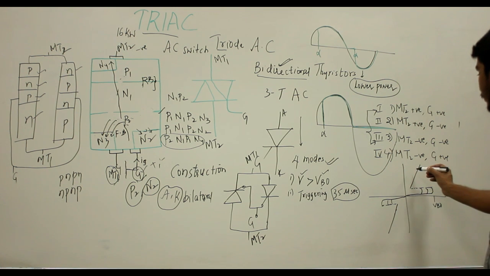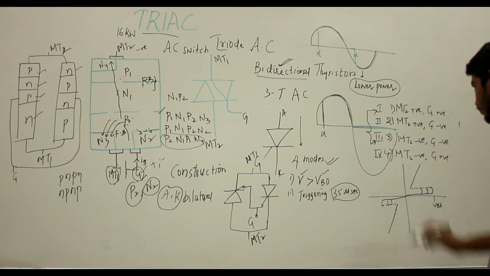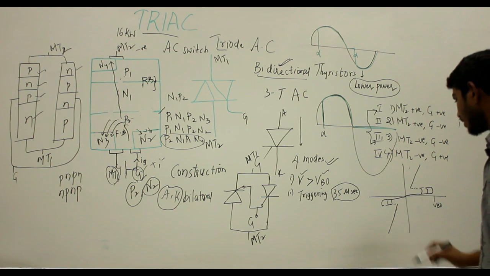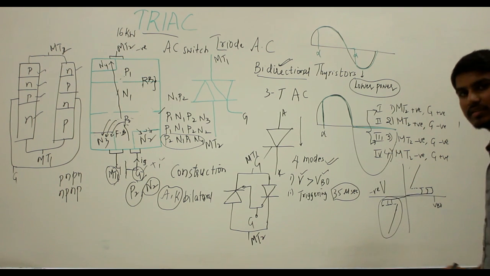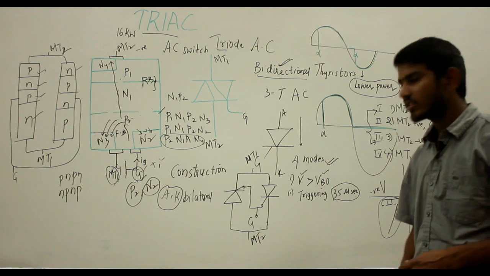So basically, you will be having the same characteristics as you observed in the thyristor, but here for the negative triac voltage also you will be observing the same characteristics as it is a bidirectional device.